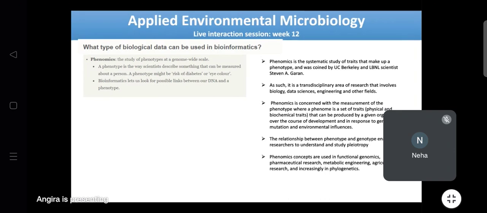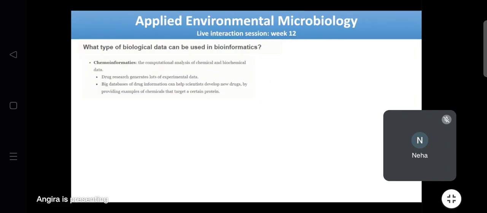Okay, so let's move on to the last category of biological data where bioinformatics can be used, that is cheminformatics. So basically it is a computational analysis of chemical and biochemical data. Herein the researcher checks how a drug will interact in an organism's body, and after doing the experiment, that data is stored and given access to all the scientists.